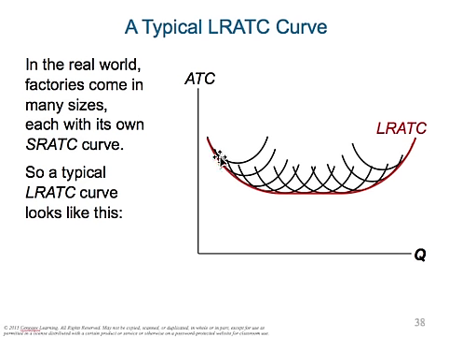Even these curves don't do it justice. There are really hundreds of thousands of little short-run average total cost curves that make up a long-run average total cost curve. So a typical long-run average total cost curve will look like this red curve here, because it's made up of thousands of short-run average total cost curves. Don't worry, you won't have to draw this on the test.